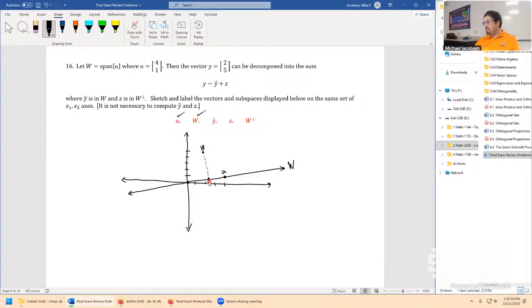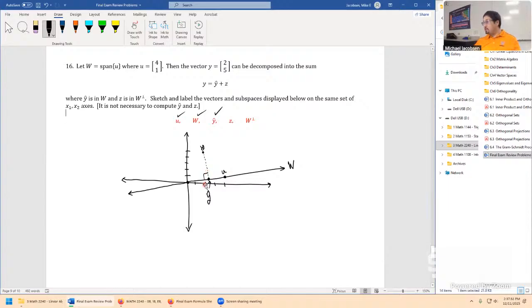Again, it's not perfect since I'm not plotting my tick marks perfectly on the x1, x2 axis. But here's the thought. Orthogonal projection means whatever vector is here, this is the one we call Y hat, has to make a 90 degree angle with the vector, say, Y and U have to make 90 degrees. And the vector Y hat is the one in the subspace that connects back to Y in this way.